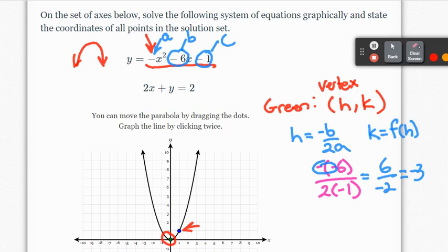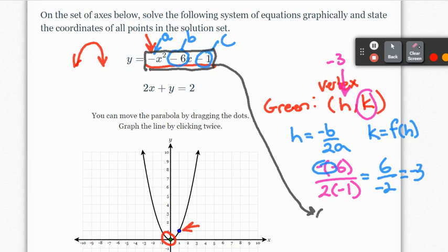So I have now h is -3. Then I have to find k. I find k by substituting the -3 into the original quadratic expression right here. So I'm going to write parentheses. There's a negative on the outside, -3 on the inside squared minus 6 times -3 minus 1.